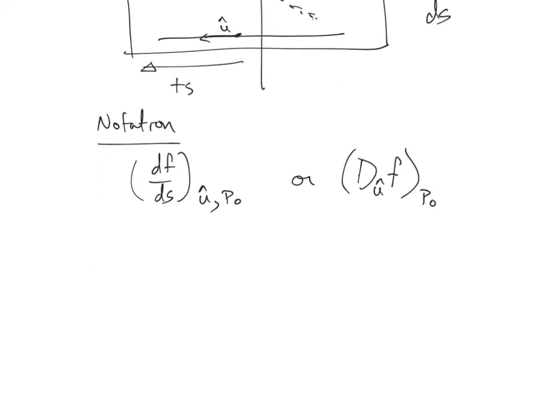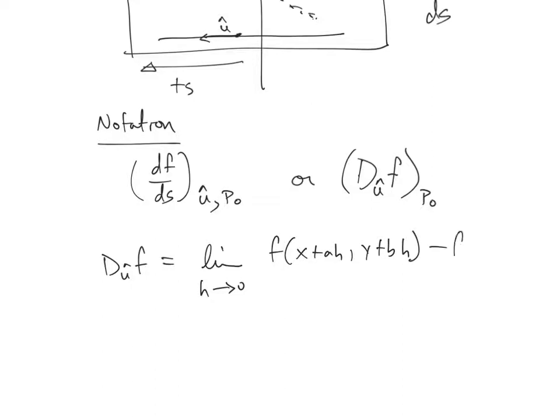And if we write down the formal definition, well then D u hat of the function f is a limit as h goes to 0, where f at x plus ah, y plus bh, minus f of xy, all over h. Where u hat is equal to a comma b.